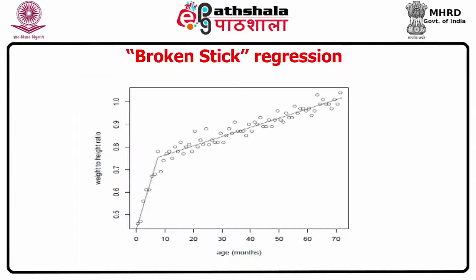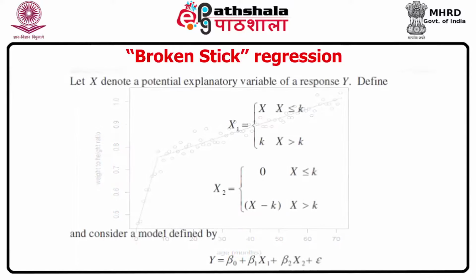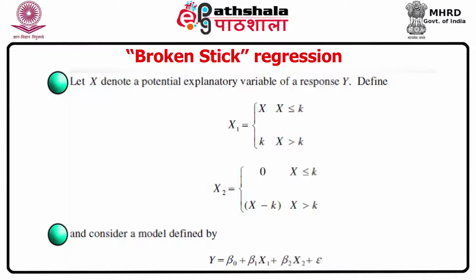So here is an example of a broken stick where up to the value of about 10, my predictor is increasing at a very fast rate, and beyond the value 10, it is still increasing linearly but at a relatively slow rate. As I said before, broken stick regression can be fitted using the linear model. So instead of using a covariate x, I will fit a regression of y on a transformed covariate.